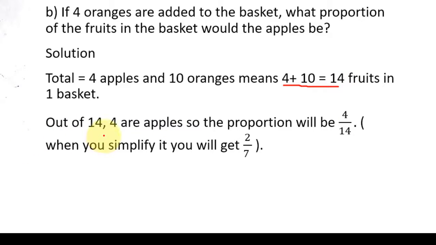Out of 14, 4 are apples, so the proportion will be 4 upon 14. When you simplify it, 2 2s are 4 and 2 7s are 14. So you will get 2 upon 7, right?